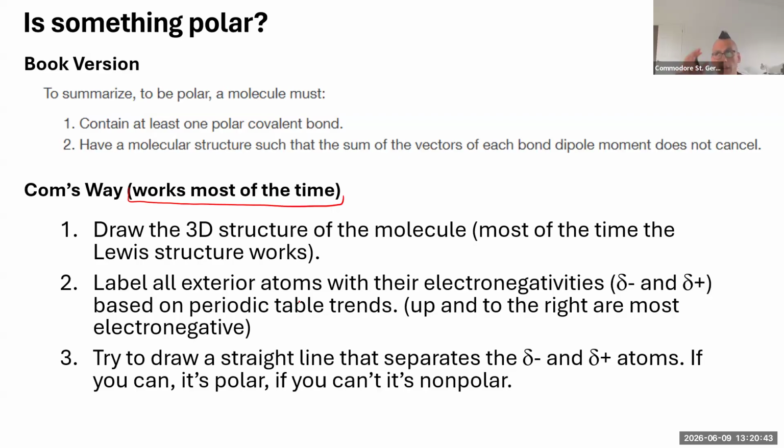Up and to the right is going to be the most electronegative. Bottom left is the least electronegative. And all you're going to do is draw a straight line that separates the delta positive atoms from the delta negative atoms, right? Not the actual charges, but the atoms themselves. If you can draw a line that separates the positive side from the negative side, it's polar. If you cannot, then it is non-polar.